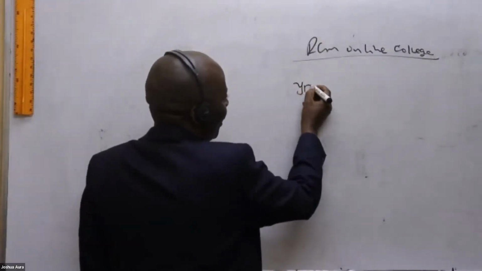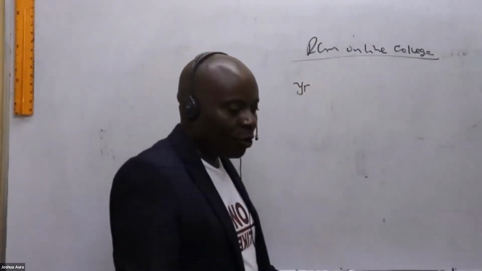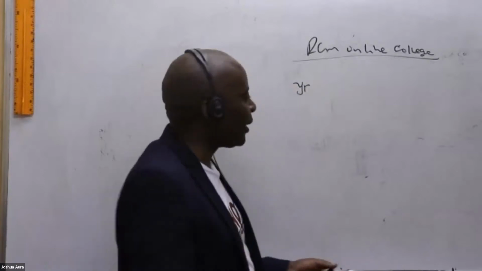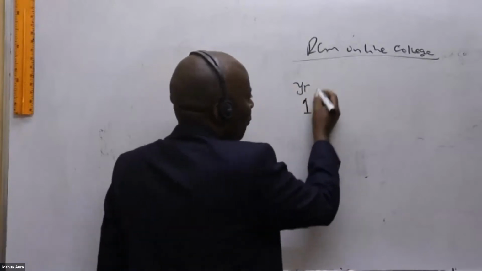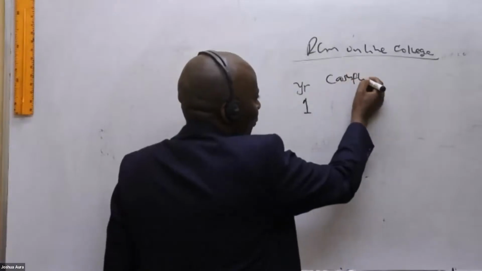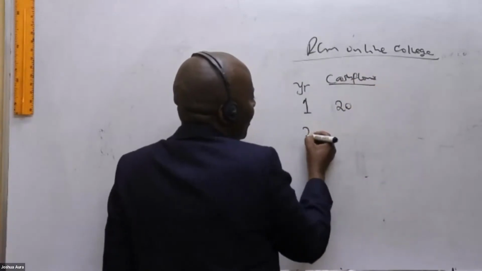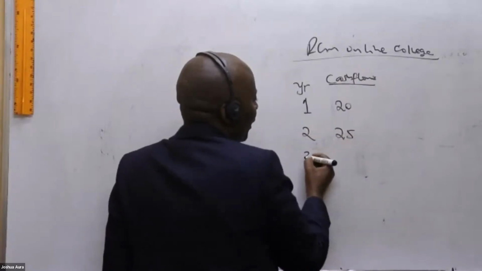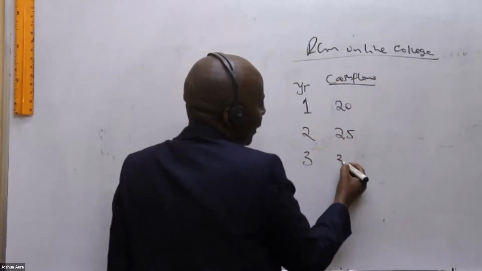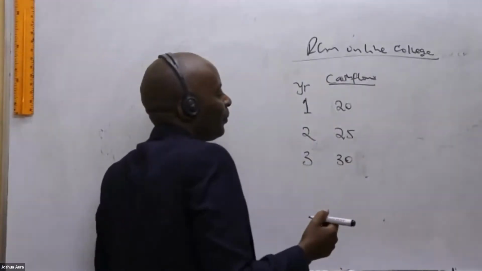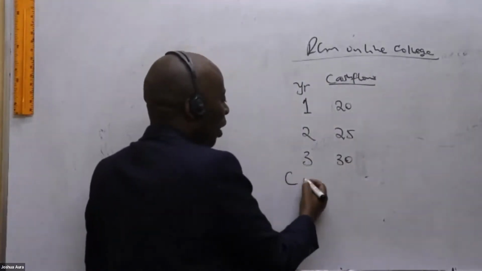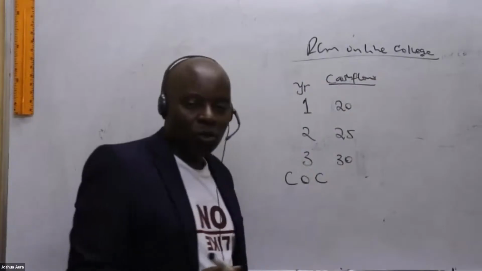We shall look at, for example, from today, at the end of the first year, how much shall we receive in the form of cash flows? So first year, for example, 20 million. Second year, 25 million. Third year, 30 million. And then we have what we call the COC. COC is the cost of capital.